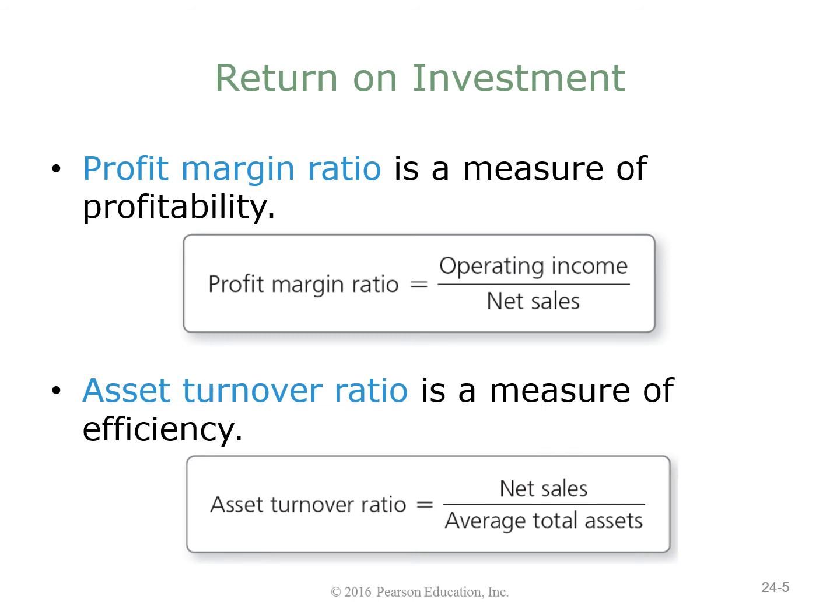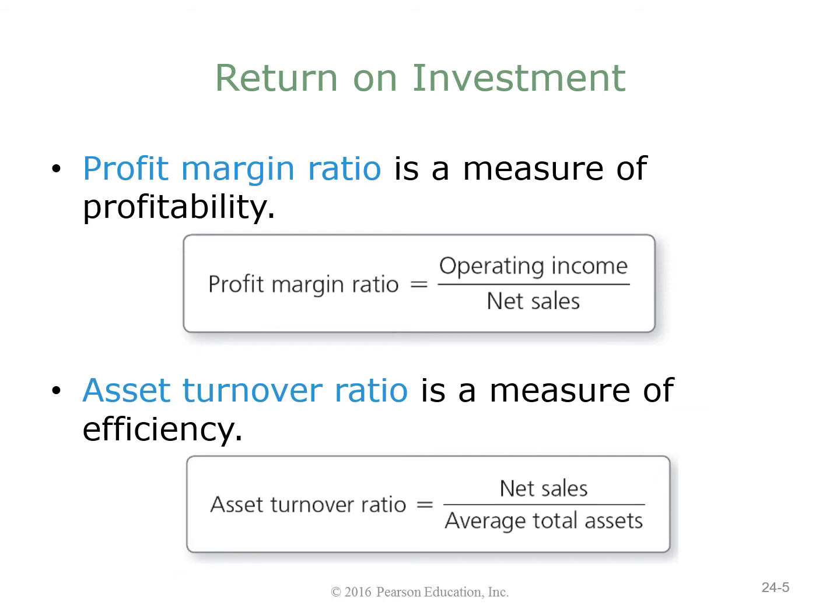The profit margin is also a measure of profitability, and as we said, we are dividing the operating income over net sales, not the total assets. This is another important measure of profitability to measure the return of a specific investment.